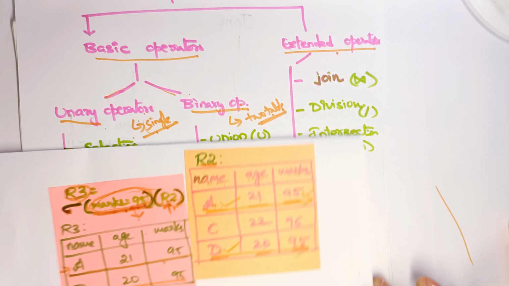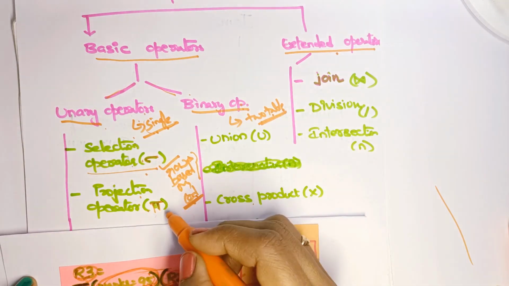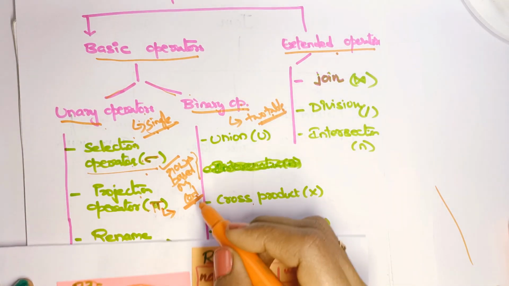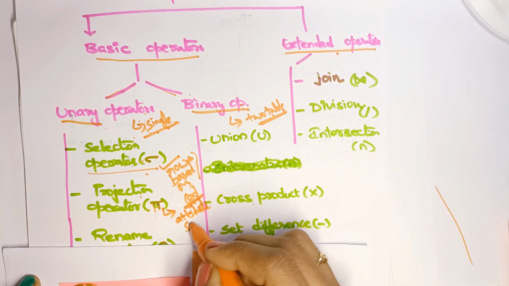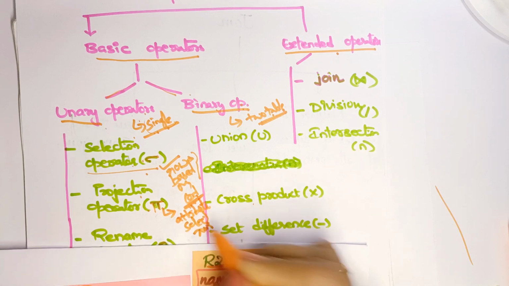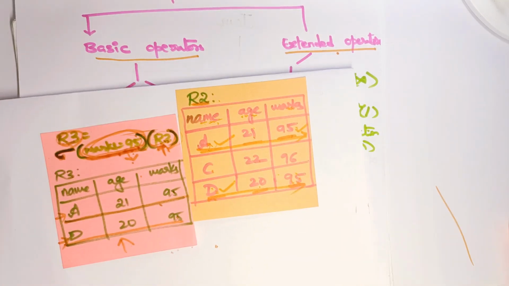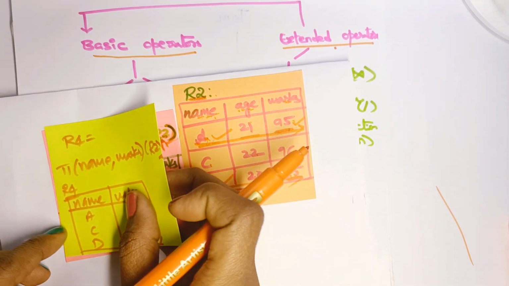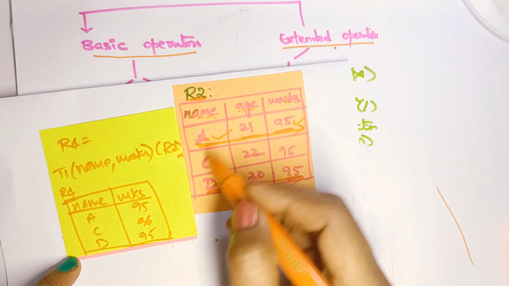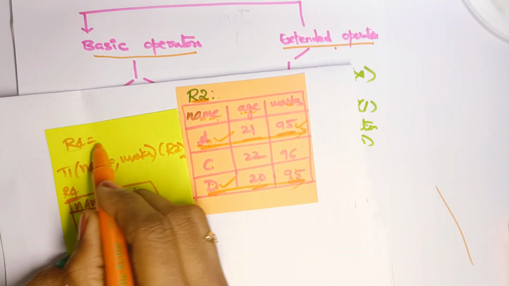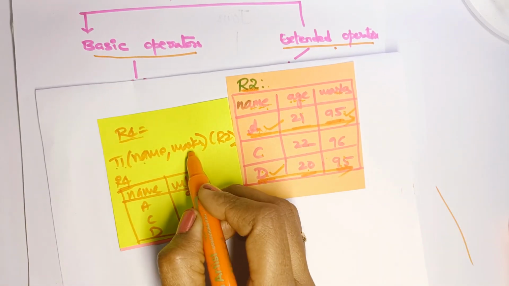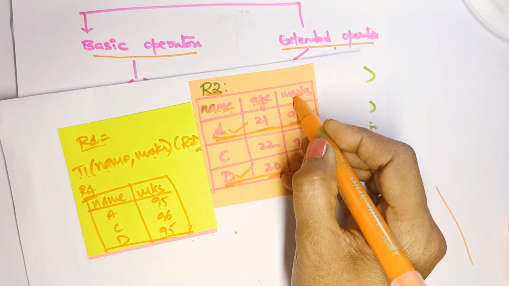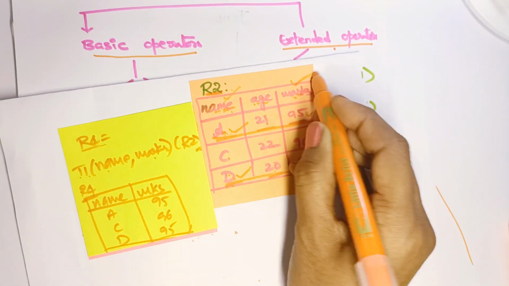Next we will see projection. Projection selects all the rows of particular attributes. So for particular attributes, it selects all rows. We will see with an example. As I said, this also applies on a single table only. Here, for example, I am considering the same table. I am storing the result in an R4 table: pi of name, marks, from R2. Here from this table I want to choose only name and marks.